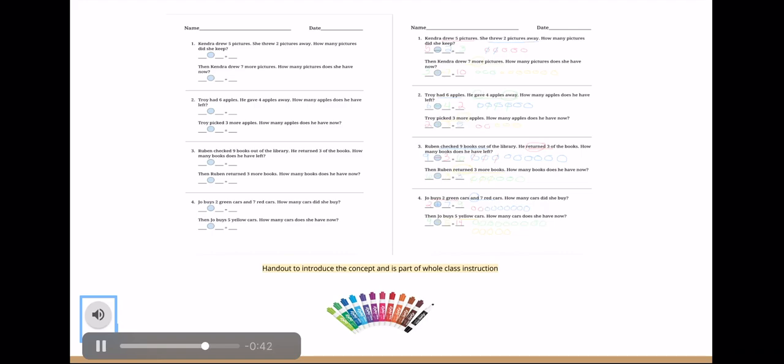So then we draw 7 more little circles in the color yellow, which shows another part of the word problem. So we draw it, and it's 3 plus 7, and then we come to the conclusion that it's 10.